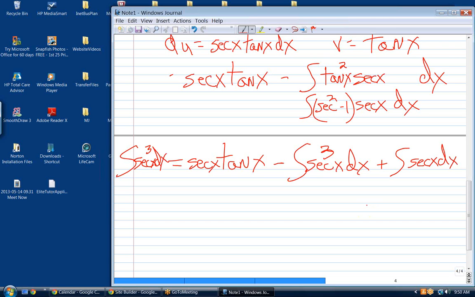Well, I know how to take the integral of secant x dx. That is natural log of secant x plus tan x. So I've got on the left side of the equation, the integral of secant cubed x dx is equal to that plus that minus that.